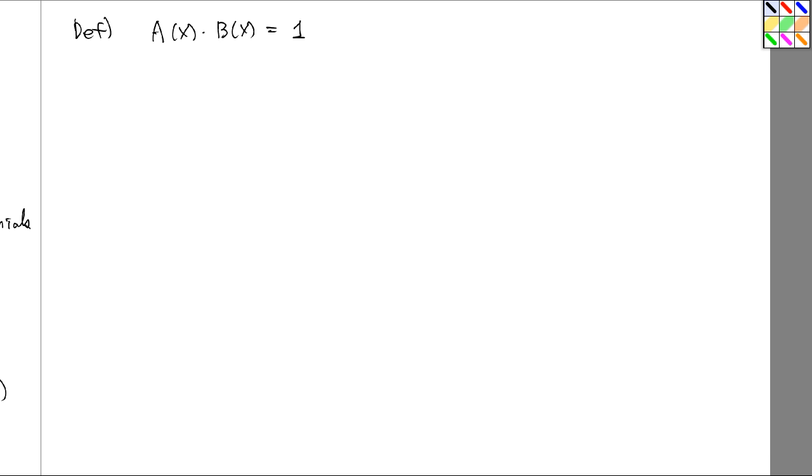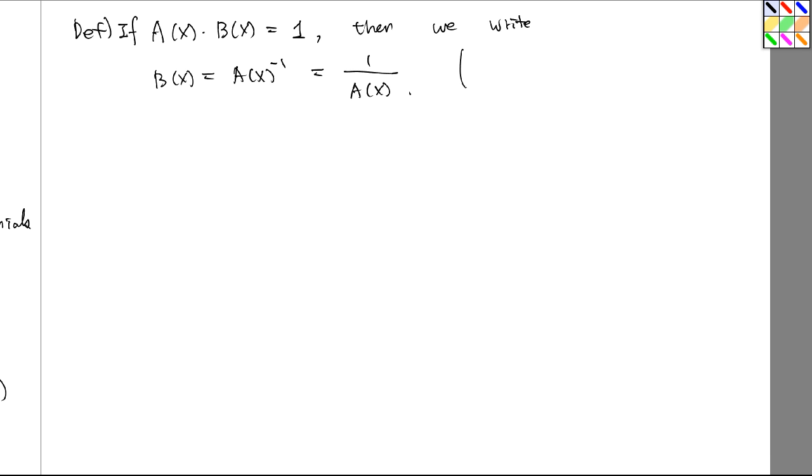If this happens, then we say B is the inverse of A, and we write this as A(x) inverse, or 1 over A(x). This is a notation for the inverse. So B(x) is the multiplicative inverse, or simply the inverse, of A(x).